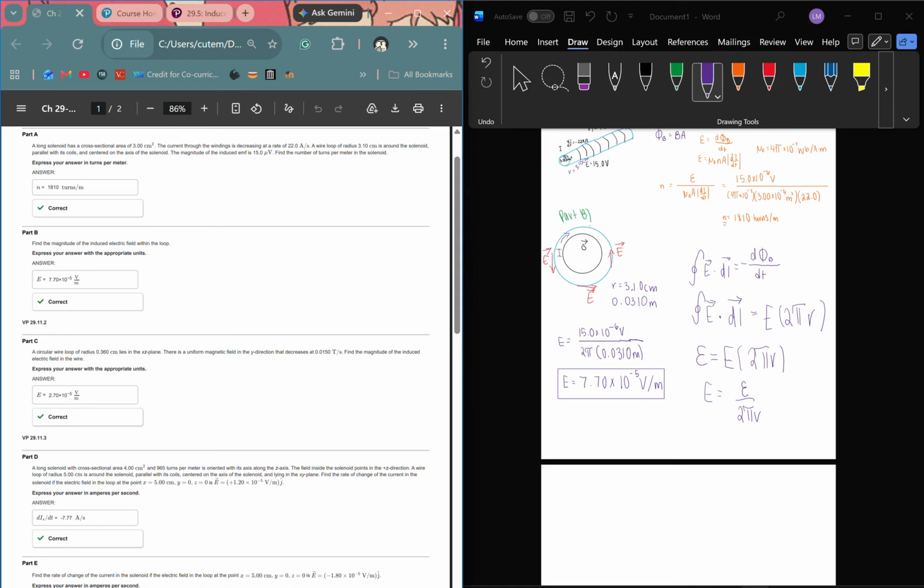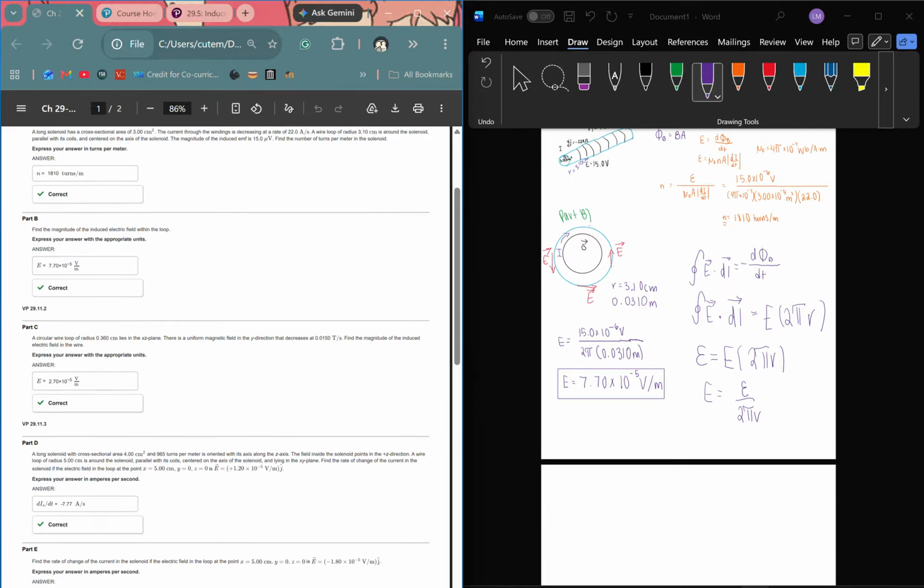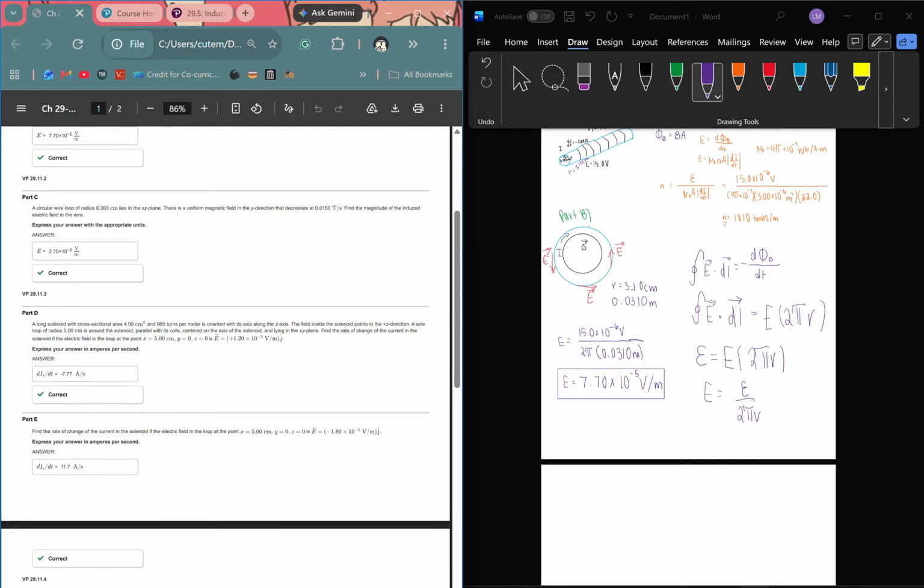Now let me read the question for part C. A circular wire loop of radius 0.360 centimeter lies in the XZ plane. There is a uniform magnetic field in the y direction that decreases at 0.0150 Teslas per second. Find the magnitude of the induced electric field in the wire.